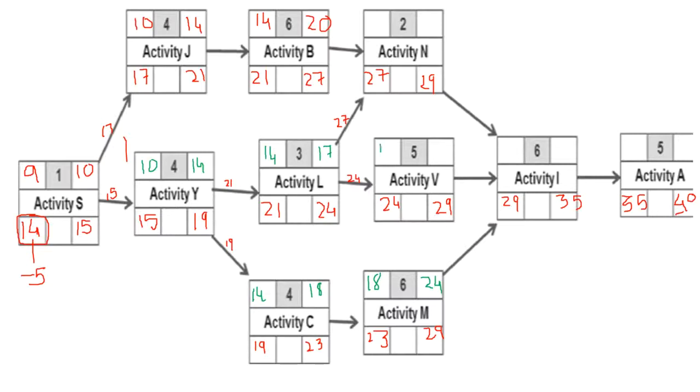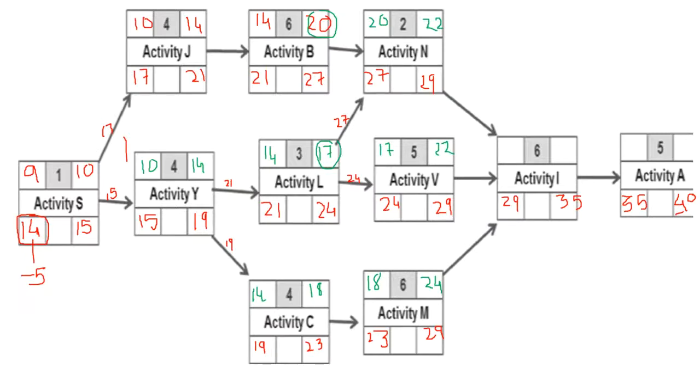Activity V early start would be 17, early finish 22, and this is a merge activity, so either we could use 17 or 20, and we know that in a forward pass the rule of thumb is that we always choose the largest of the two values. So that's the reason why we have decided to choose 20 as the value, and this will be 22.